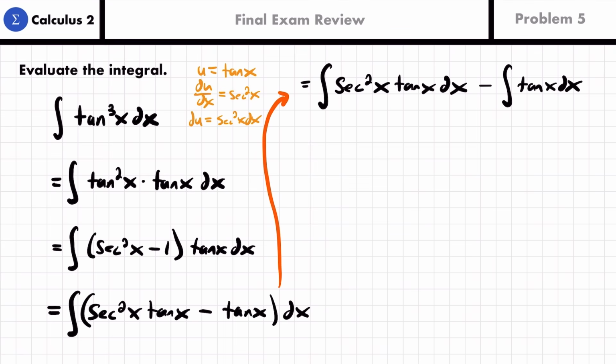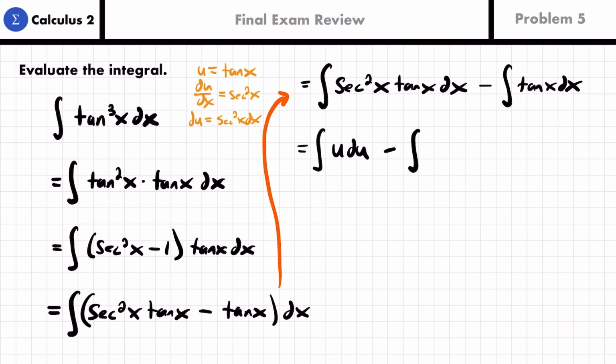So then rewriting this integral to be in terms of u, we find that it's equal to the integral of just u du. Right? We replaced tangent x with u because that's what we set it equal to, and we replaced secant squared x dx with du because that's what we found that was equal to. All right, and then we're going to subtract the integral of tangent x dx.